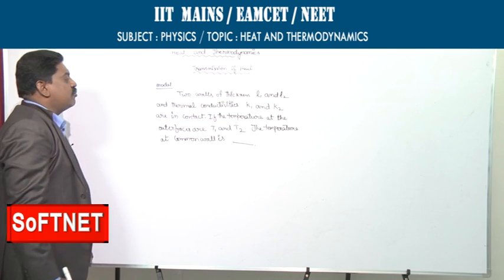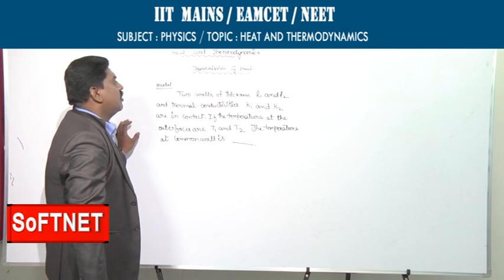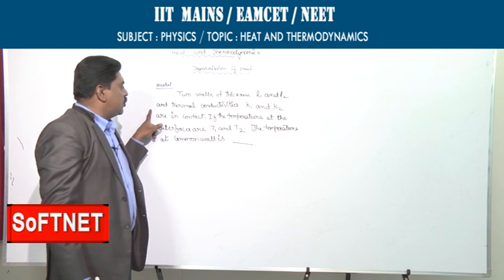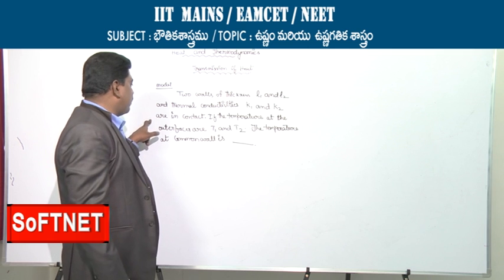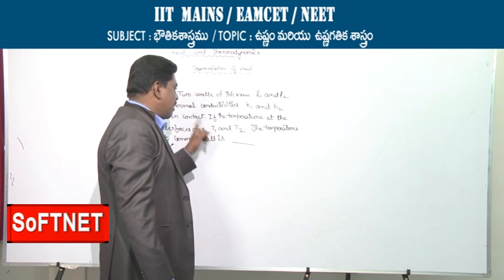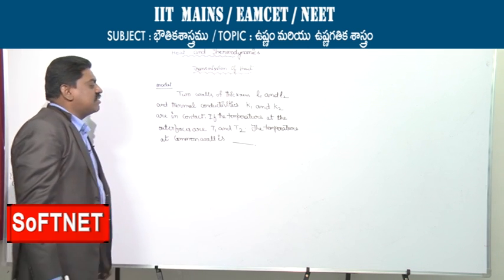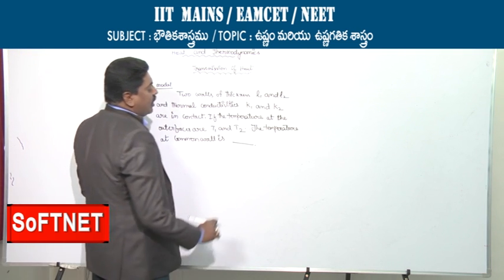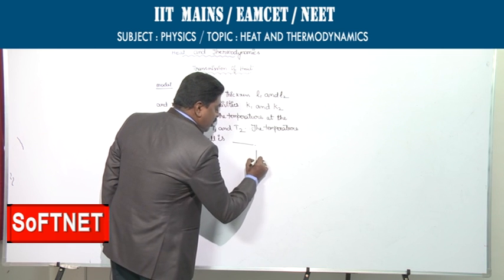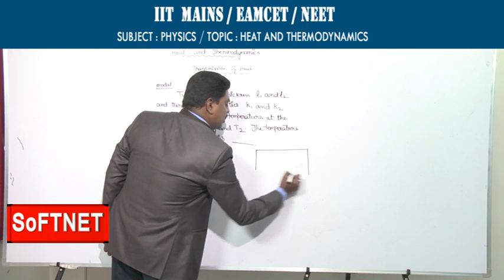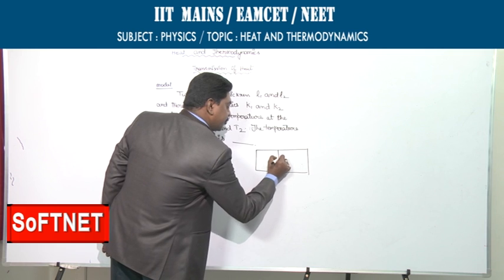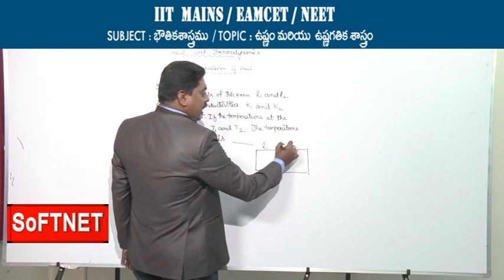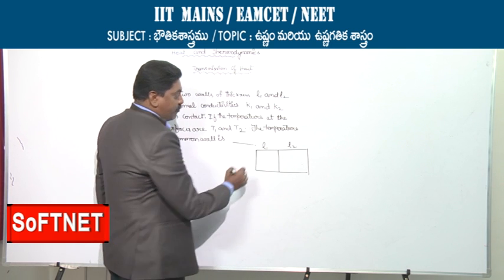Let us have another model in the case of thermal conductivity. Two walls of thickness L1 and L2 and thermal conductivities K1 and K2 are in contact. If the temperature at the outer faces are T1 and T2, the temperature at the common wall is, let us imagine the joint of two walls is as shown in the figure. Okay, L1 is the length and L2 is the other length.